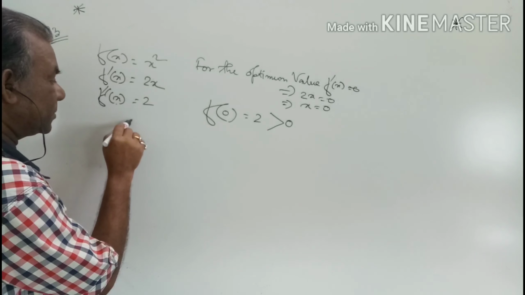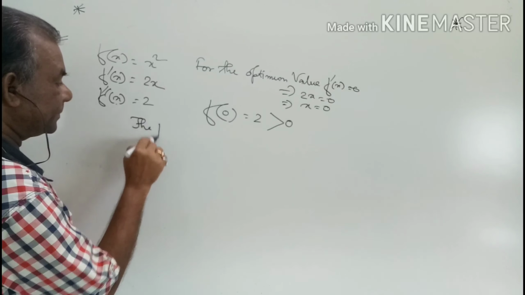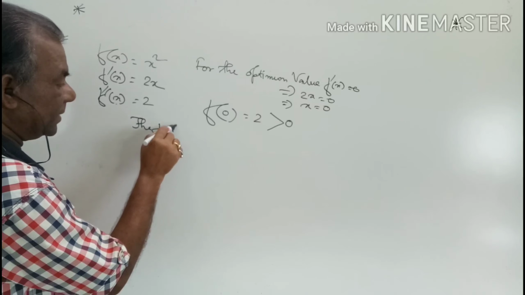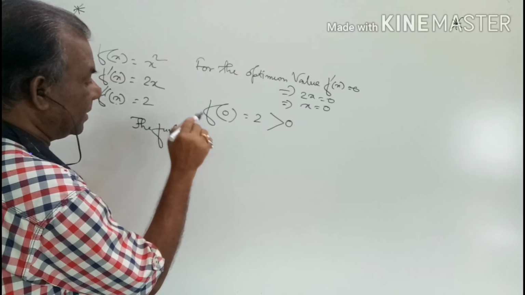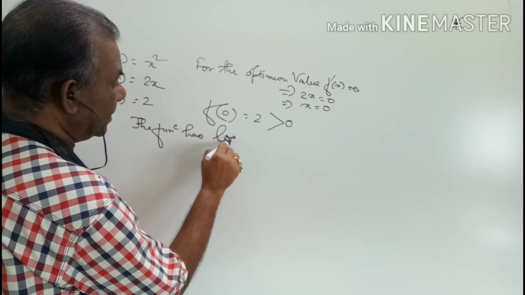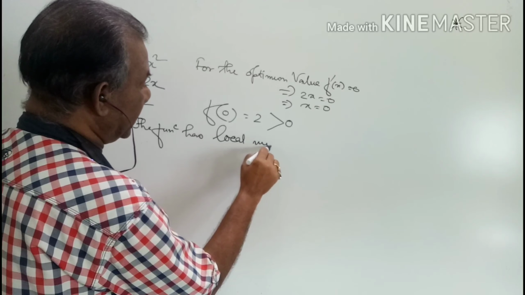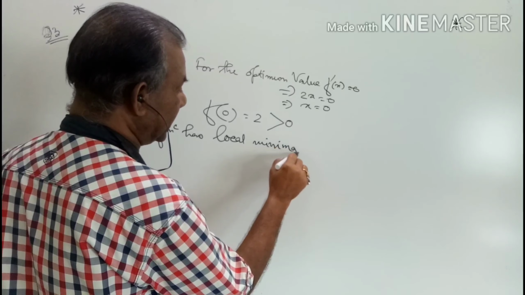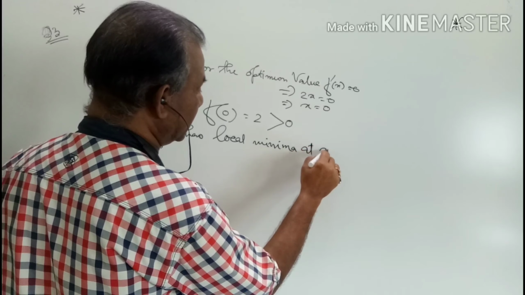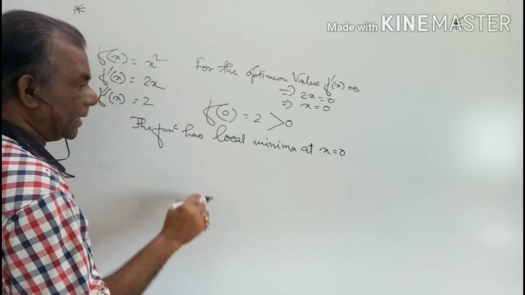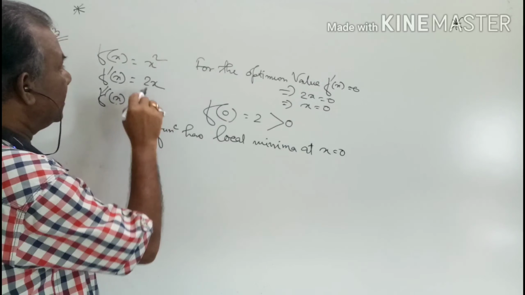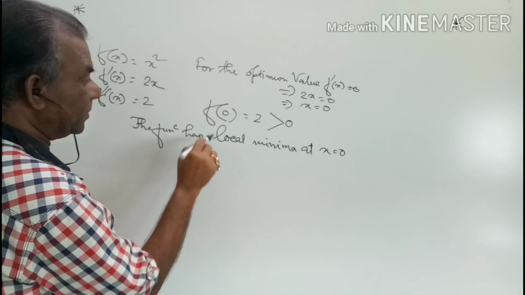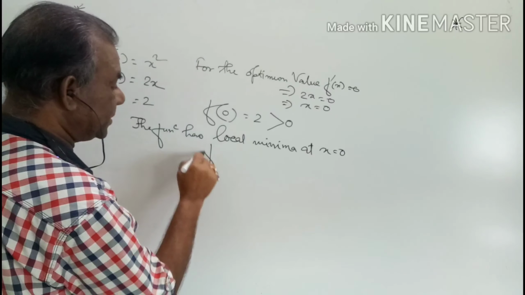So you will write it this way: the function has local minimum value at x is equal to 0. And what is the minimum value? Put that value at x is equal to 0. So f 0 equal to how much?